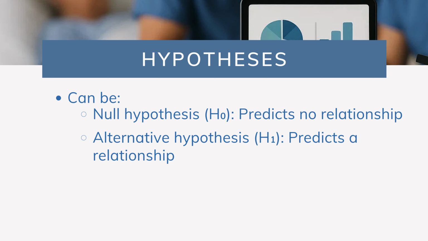During your analysis, statistical tests are applied to determine if the evidence is strong enough to reject the null hypothesis. If it is, then you accept the alternative. This is the foundation of inferential statistics in quantitative research. It is also a process that adds credibility to your findings because it is based on objective data, not assumptions or opinions.